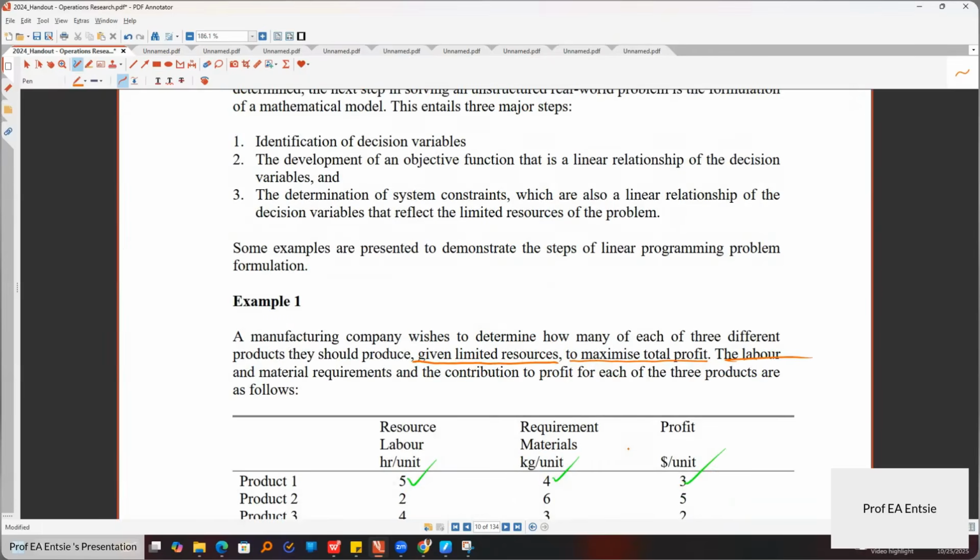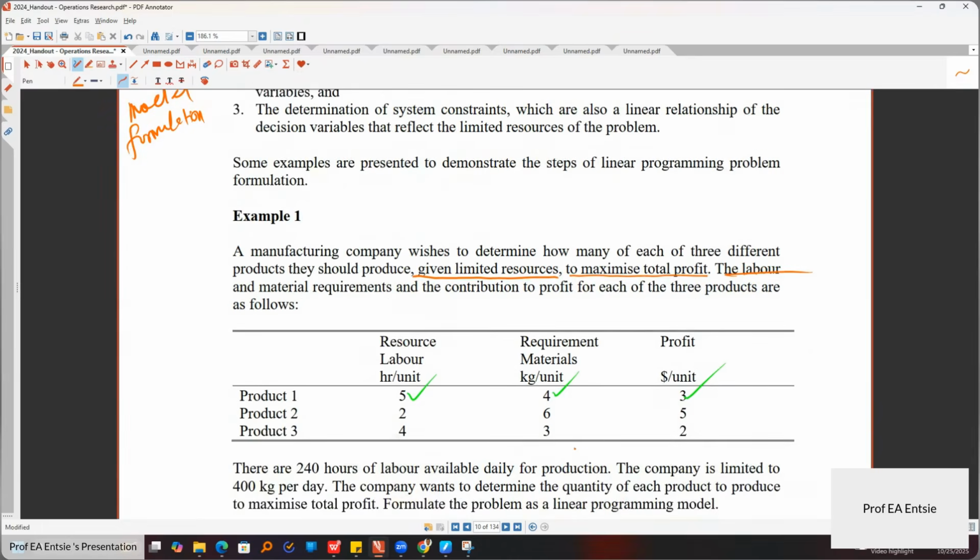All right. So before you apply linear programming, there are some model formulations you need to do. You need to formulate the real world abstract problem into an understandable, well structured problem so that we can use linear programming to solve it. That's what we call model formulation. And there are three steps in doing that.